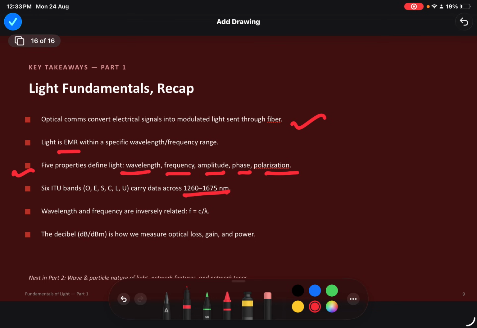And we also saw the units used for checking the properties of light, that is wavelength and frequency, and how they are related to each other.